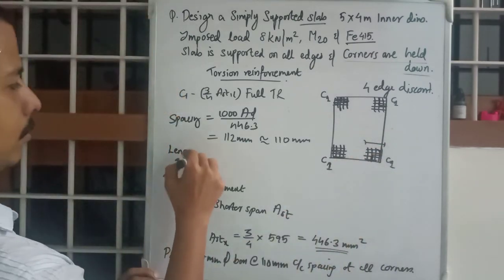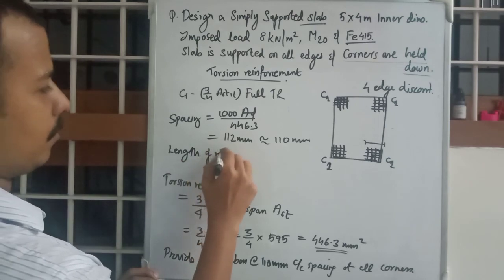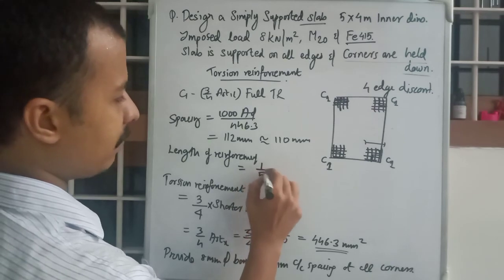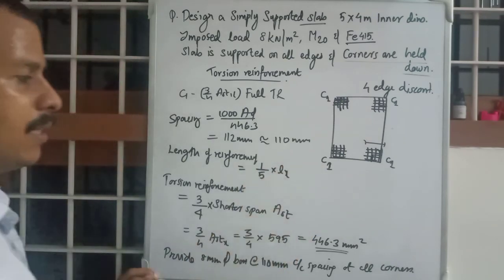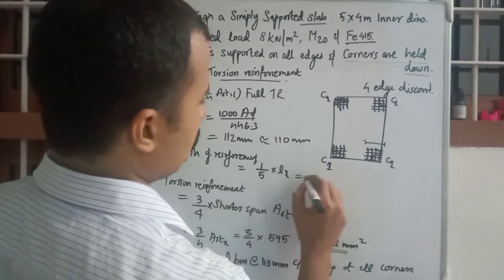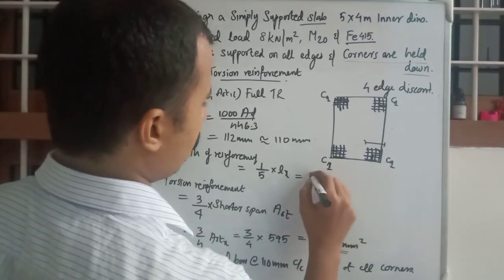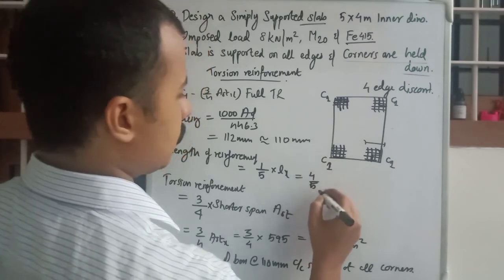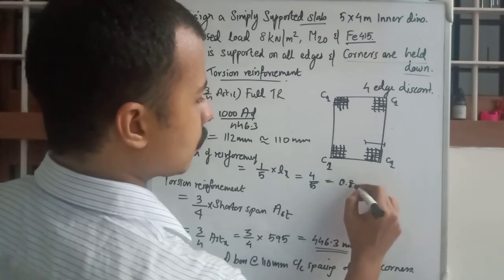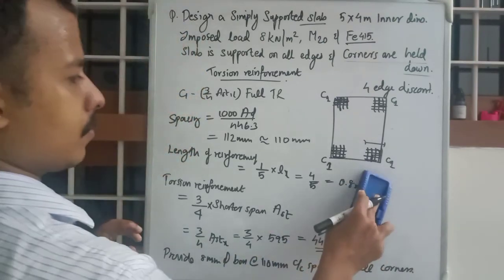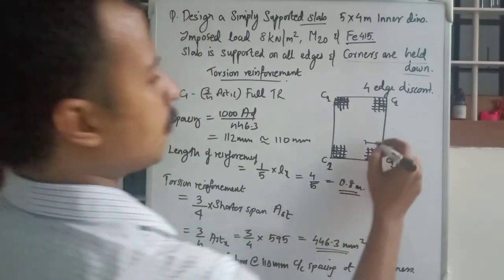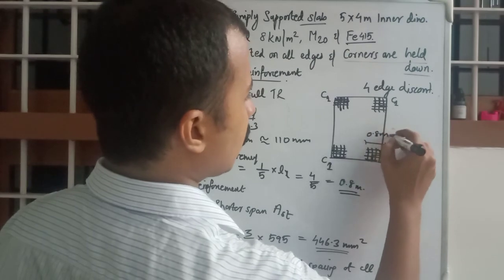What should be the length? The length of reinforcement should be 1/5 into shorter span, that is Lx. So that is 4 by 5, 0.8 meters.